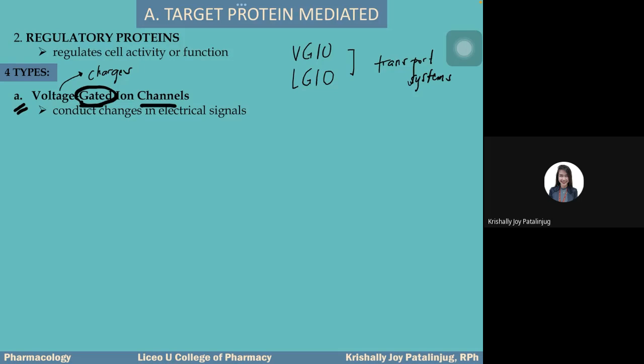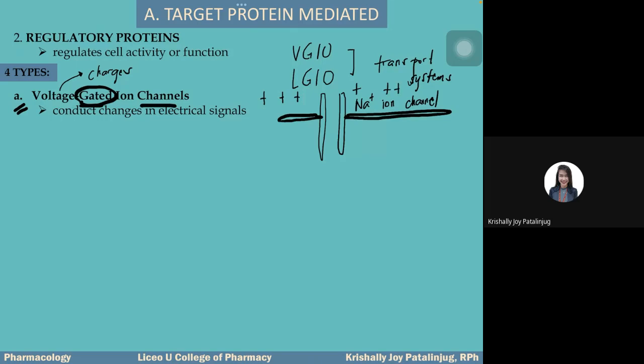Let's say, for example, I will illustrate an example of a voltage ion channel. Let me take one, for example, a sodium ion channel. Now this sodium ion channel will open if it detects too many positive ions outside the cell.